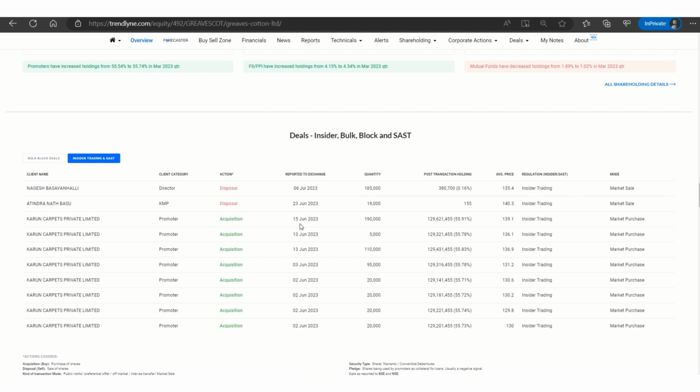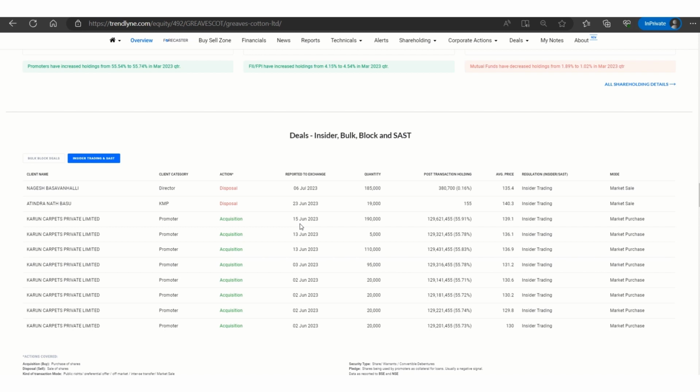As you know, if the key managerial person and the director are disposing of the shares, it's a bad thing. I mean, it's a very bad thing actually. Unless there is some requirement and the director just wants to sell off his shares to raise money for personal or professional reasons. But that is not always sure. So whenever a director or key managerial person sells their shares, it's considered a bad thing.